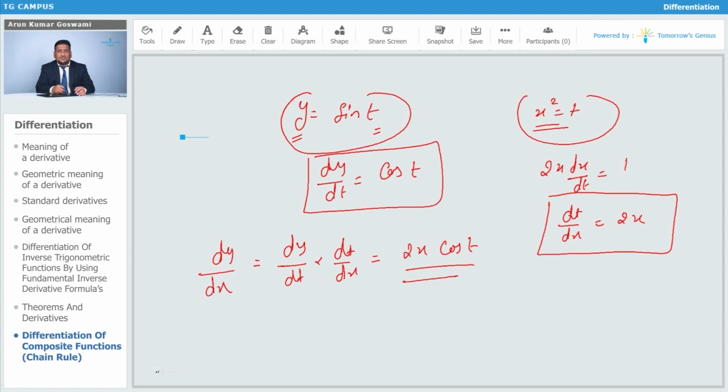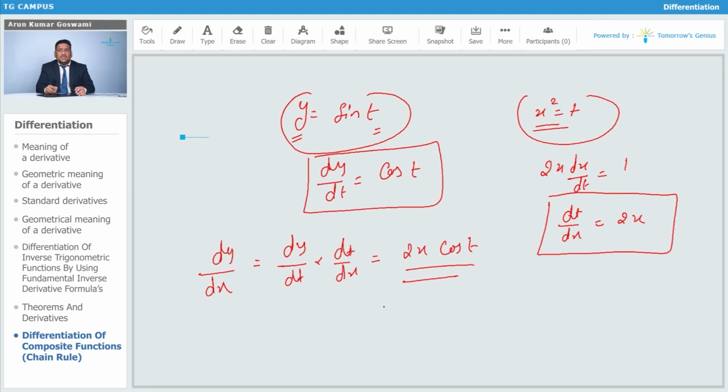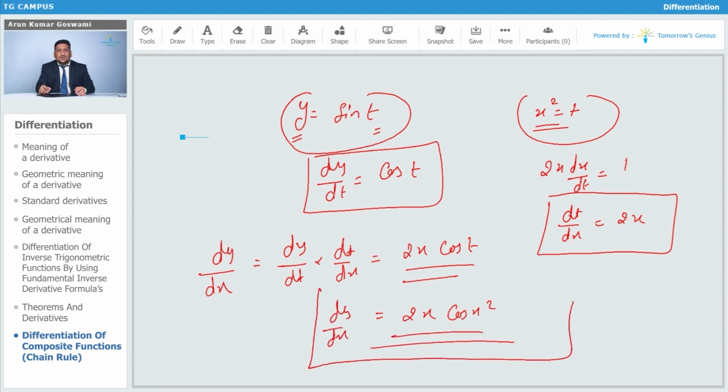Previously also I did the differentiation directly, so I got the same thing. Now t we can substitute, 2x cos of x square. So you got dy by dx as same as I have done previously. This is nothing but my chain rule. If you have 10 functions also, you can assume 10 variables or 10 different functions to solve the problem by the chain rule.